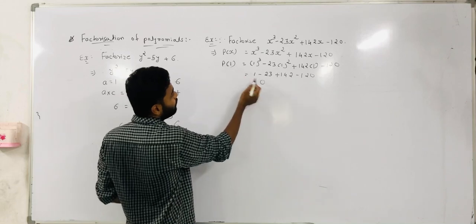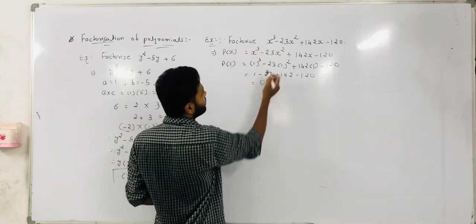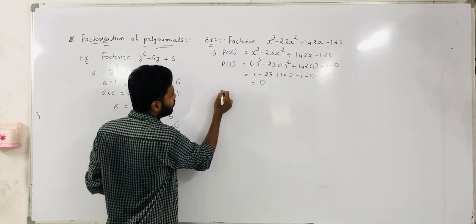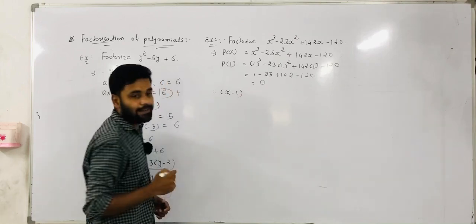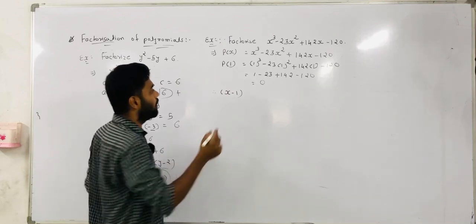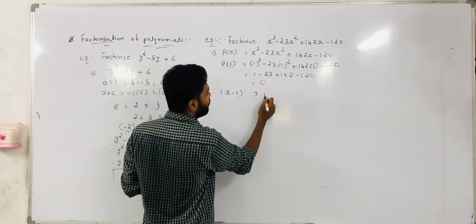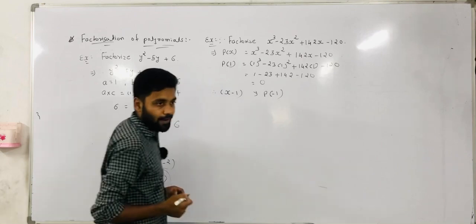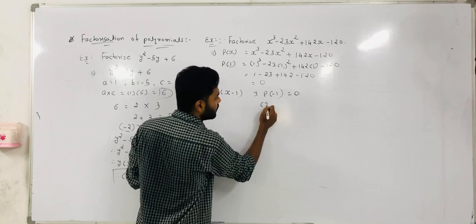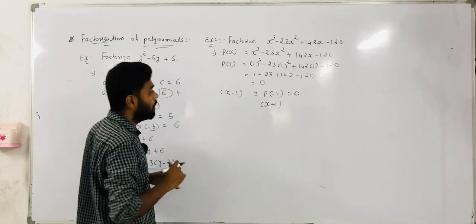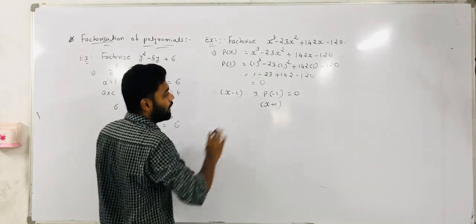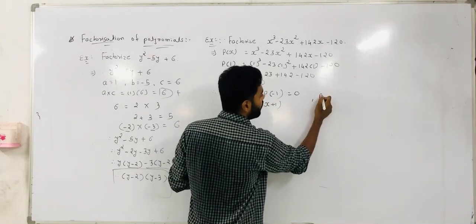So for which value do you get 0 for p of x? For 1. If you got 0 for x equal to 1, then one common factor is x minus 1. Similarly, if you do not get 0 at p of 1, then you have to find p of minus 1. If p of minus 1 is 0, then one common factor is x plus 1. But if you also do not get 0 for p of 1 and p of minus 1, then go further for p of 2.